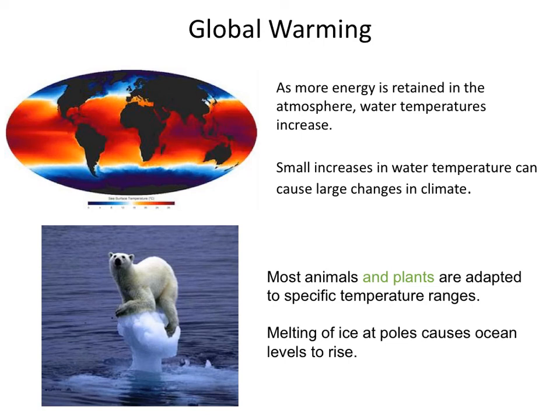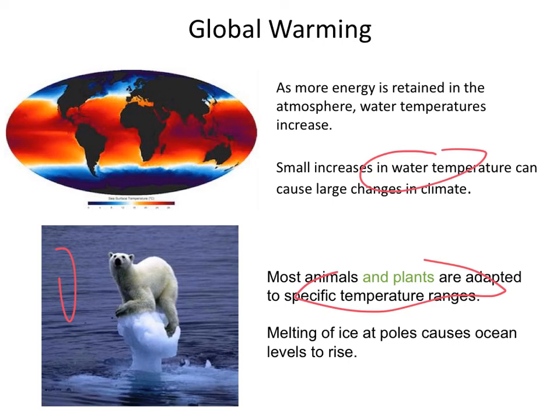And global warming affects organisms because many organisms are actually adapted to specific temperature ranges. They're also affected by water temperature and salinity of the water and how acidic the water is in terms of pH.